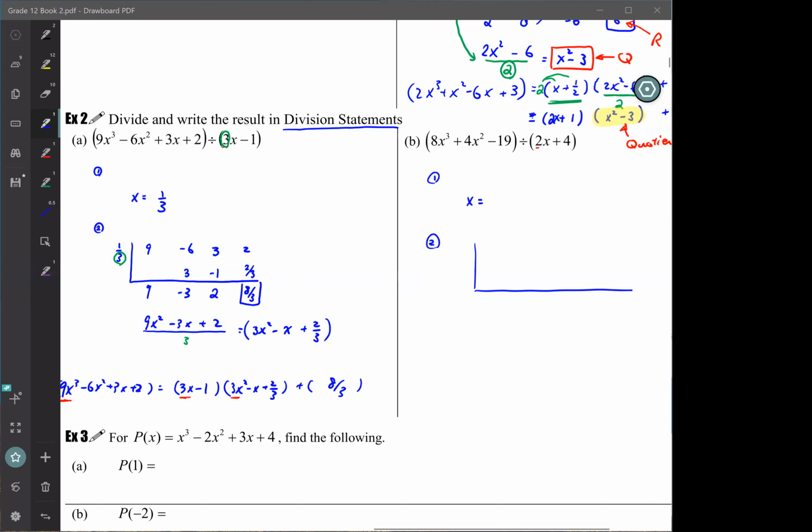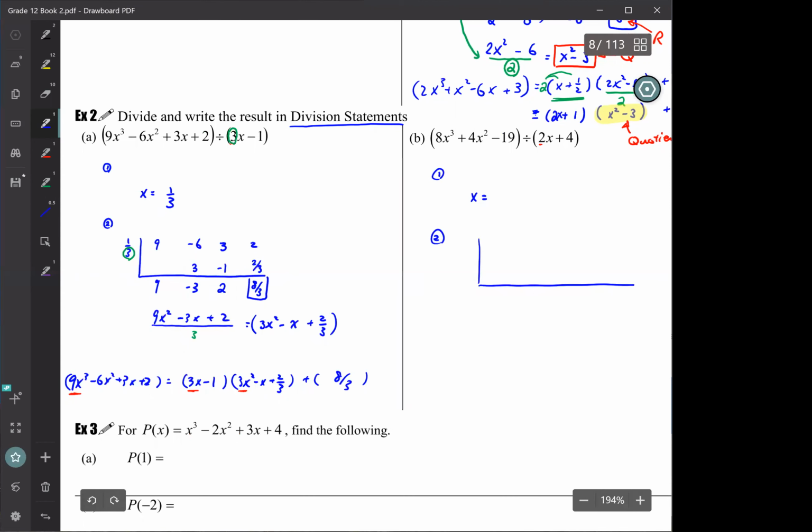If you finish step 2, you can raise your hand. Okay, Tiana, can you tell us what number to put outside the box? -2. -2, very good. So 2x plus 4 equals 0, x equals -2.